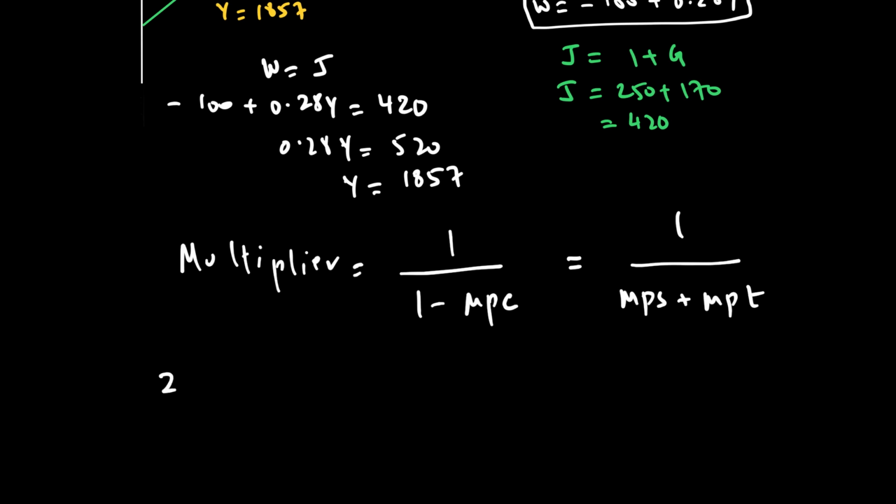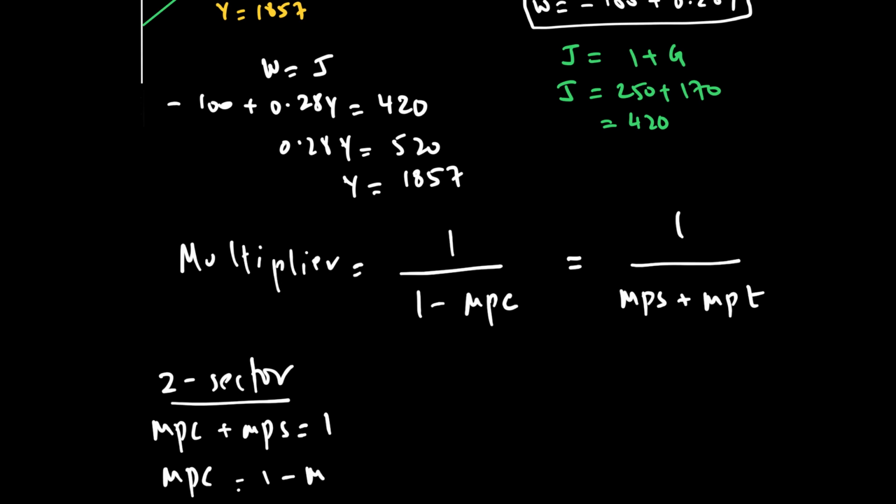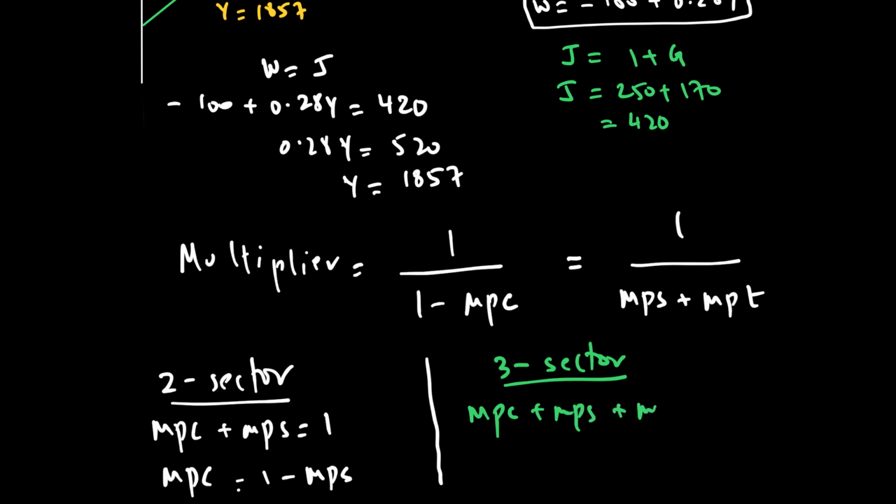guys, when we were in a 2-sector model, your MPC plus MPS was equal to 1. So the value of MPC was 1 minus MPS. But in a three-sector model, in a model where there is closed economy with government, my MPC plus MPS plus MPT, the tax rate, is equal to 1.